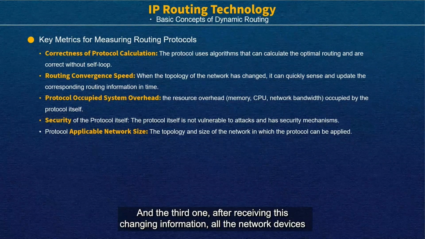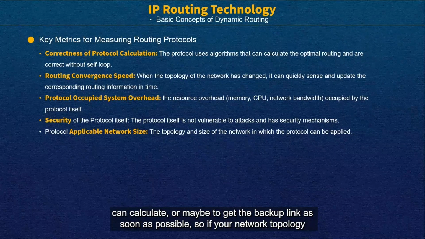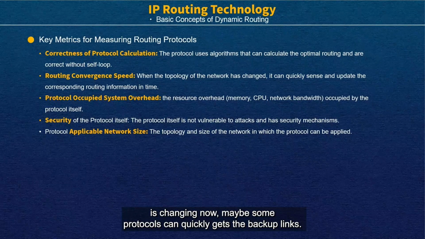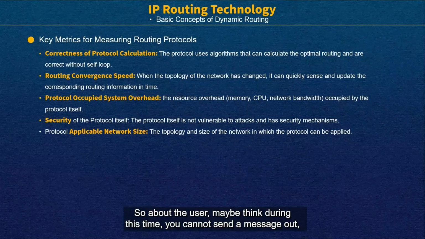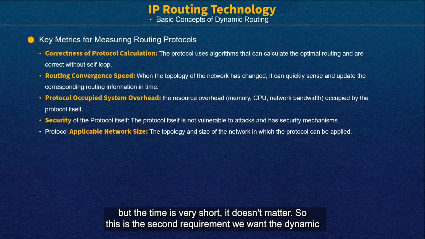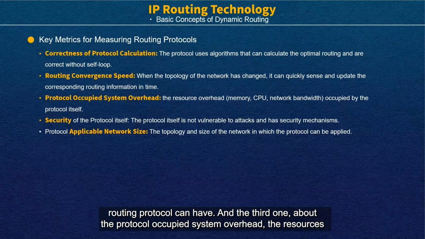And the third one, after receiving this change information, all the network devices can calculate or get the backup link as soon as possible. So if your network topology is changing, some protocols can quickly get the backup link. The user may think that for this time you cannot send the message out, but the time is very short. It doesn't matter. So this is the second requirement we want the dynamic routing protocol to have.